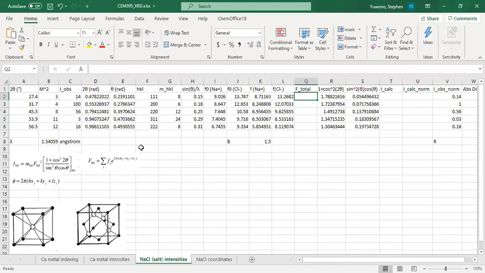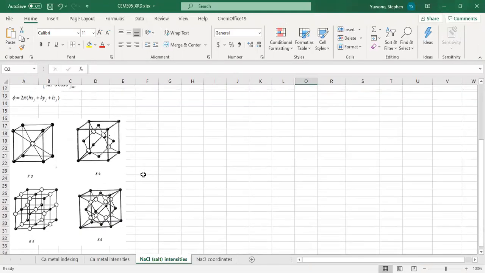So here we see that for salt, the scattering factor is described by this capital F, where this capital F is the sum of this little f, which is the scattering factors we've used before, multiplying this term in the exponent, where this describes the phase difference because of the different positioning of the ions inside your crystal structure.